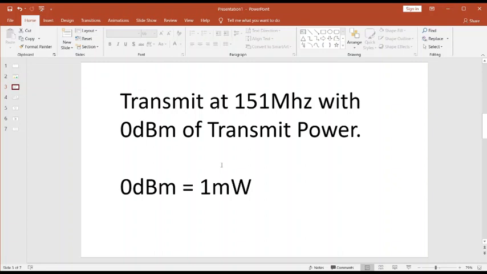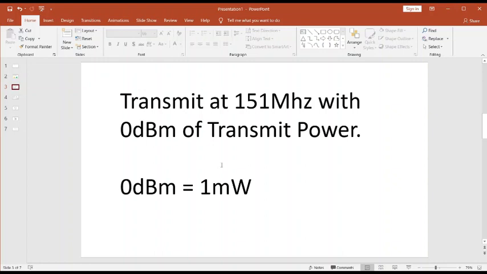But if you were to say the same thing in watts or milliwatts, you would then have to tell someone this receiver sensitivity is 0.0000000000000000000000001 watt.